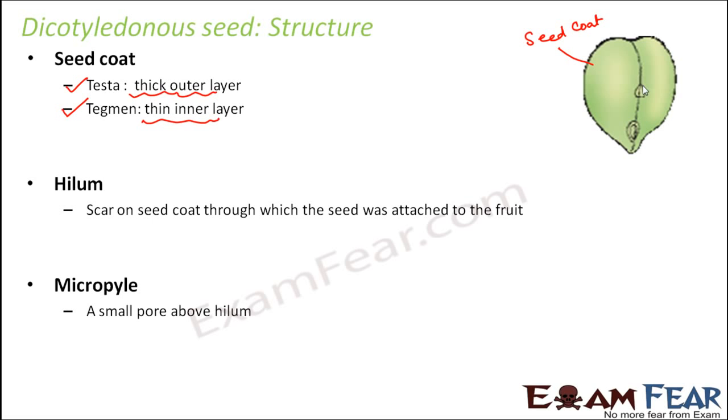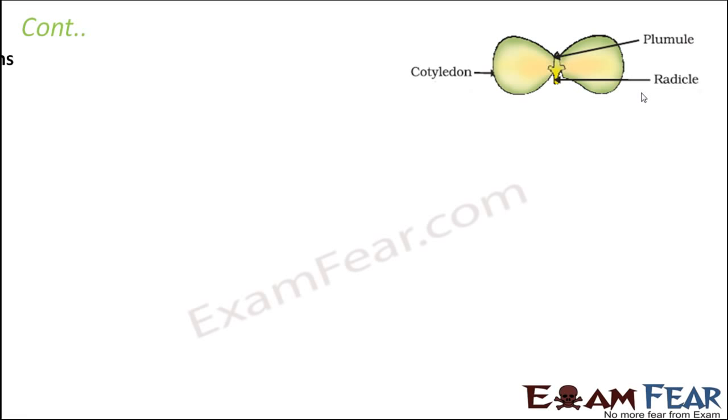And what is micropyle? Micropyle is a small pore above hilum. So here you can see a small hole-like structure, which is known as micropyle. So seed coat, hilum and micropyle are some of the important parts of a seed.